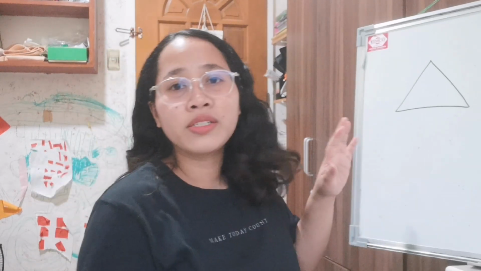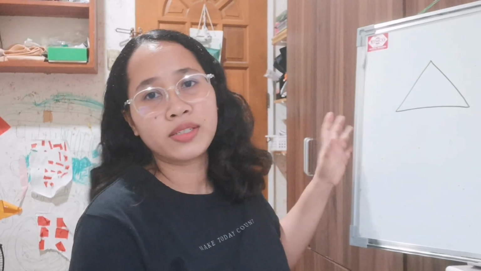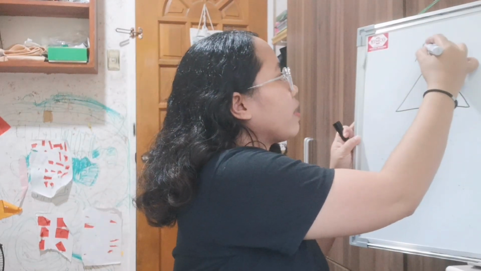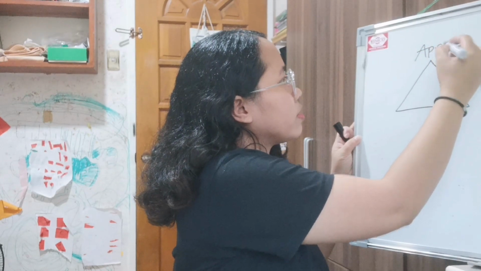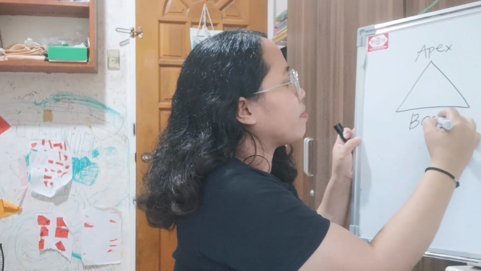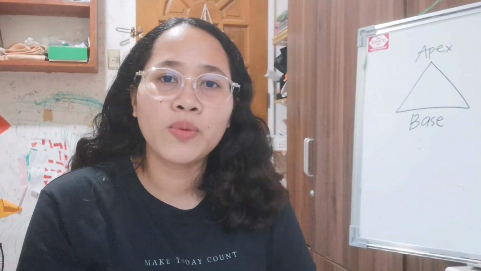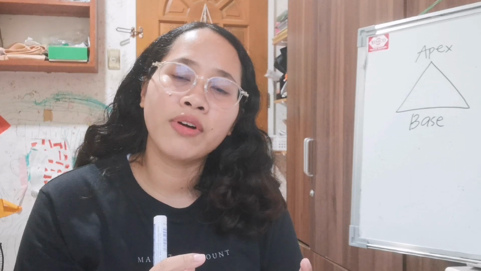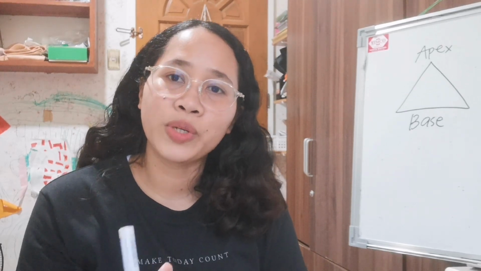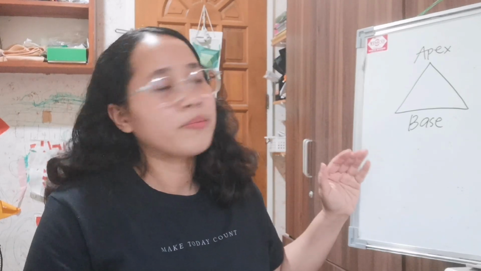The physical aspect of the prism is that it has two parts: the apex and the base. In our PowerPoint, there was a 3D illustration of the prism, but simply, a prism is apex and base.